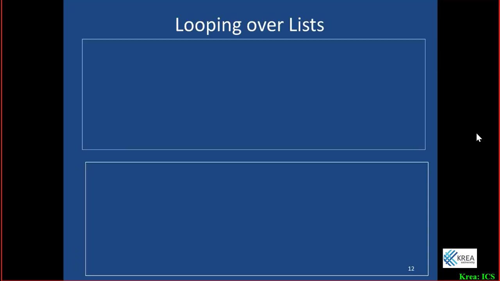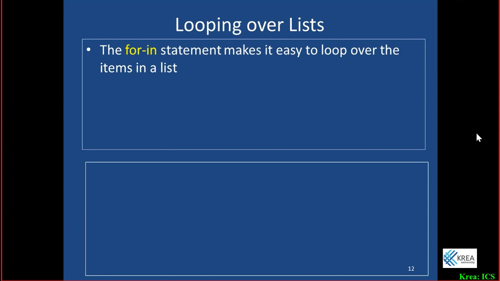Looping over lists works. The for statement makes it easy to loop over the items in a list. We've already discussed for loop and while loop in previous sessions, so we'll look at how these loops can be used over lists. This is the basic format: for item in list: print item.